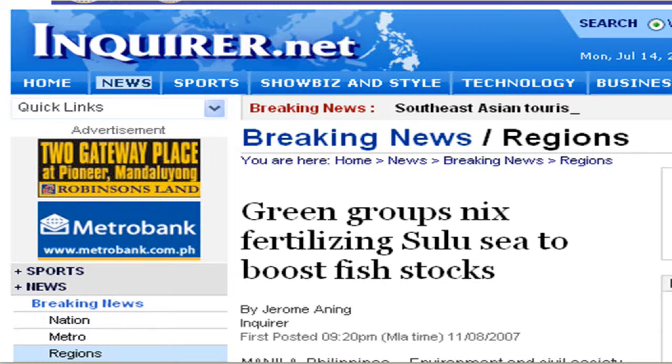So I leave you with that. I leave you with this thought or question: what if you were part of an advisory group that was asked to allow or not allow these groups to fertilize our neighboring Sulu Sea to possibly boost our fish stocks, or also help decrease carbon dioxide supposedly from the atmosphere, or that's what they claim.